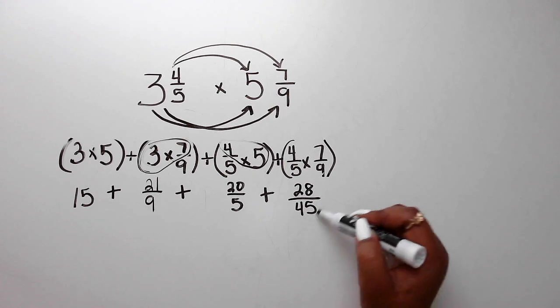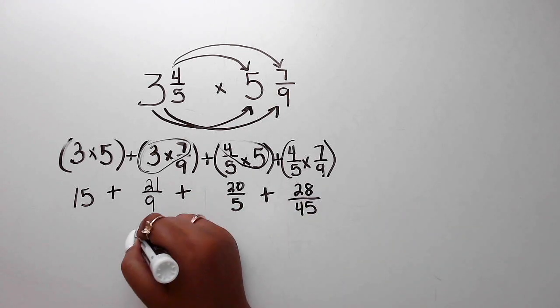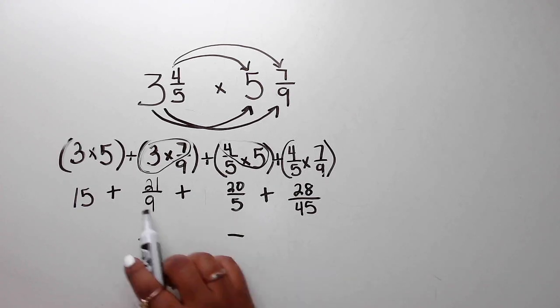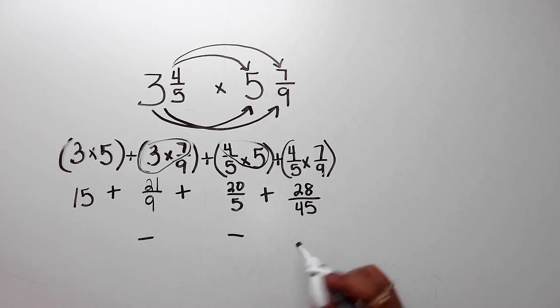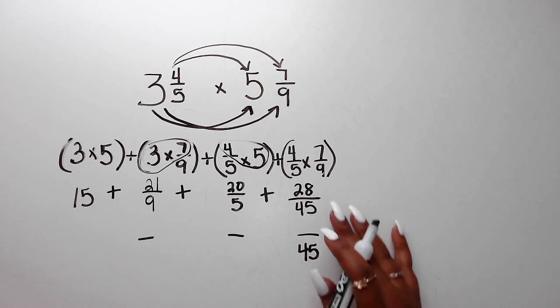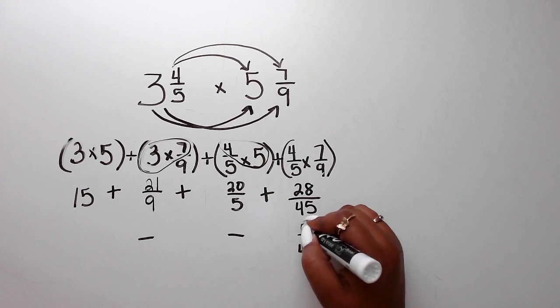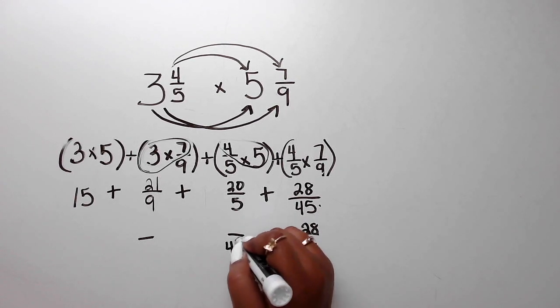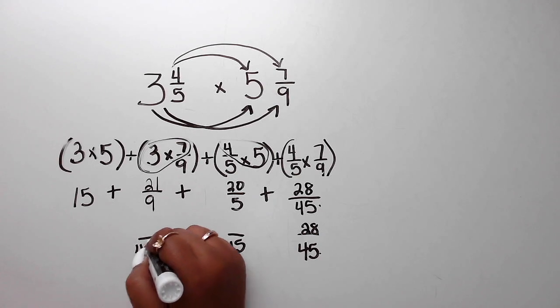They all have 45 as a multiple. So we're going to use equivalent fractions for 20/5 and 21/9 so that they have the same denominator as 28/45. This one stays the same because the denominator didn't change. Here we're going to change this to 45 and this to 45.